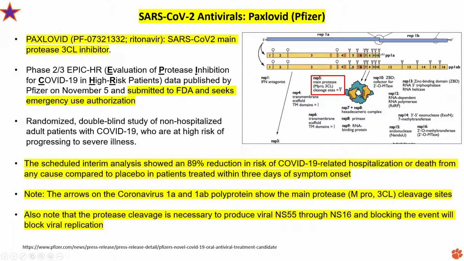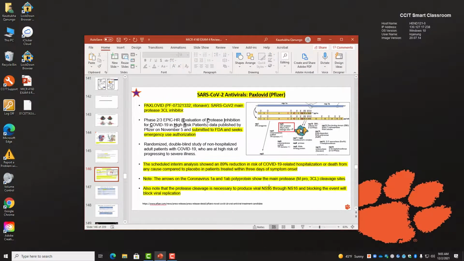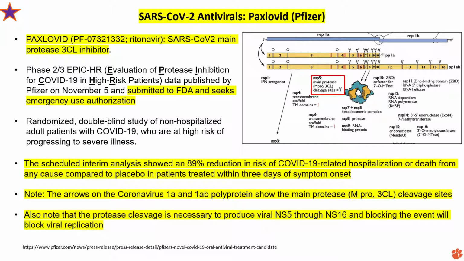But 5 through 16, all these different proteins, are made from the polyprotein by digestion with NSP5. So remember that the protease cleavage is necessary to produce the viral NSP5, oh, not 55, I'm sorry, non-structural protein 5 through non-structural protein 16.